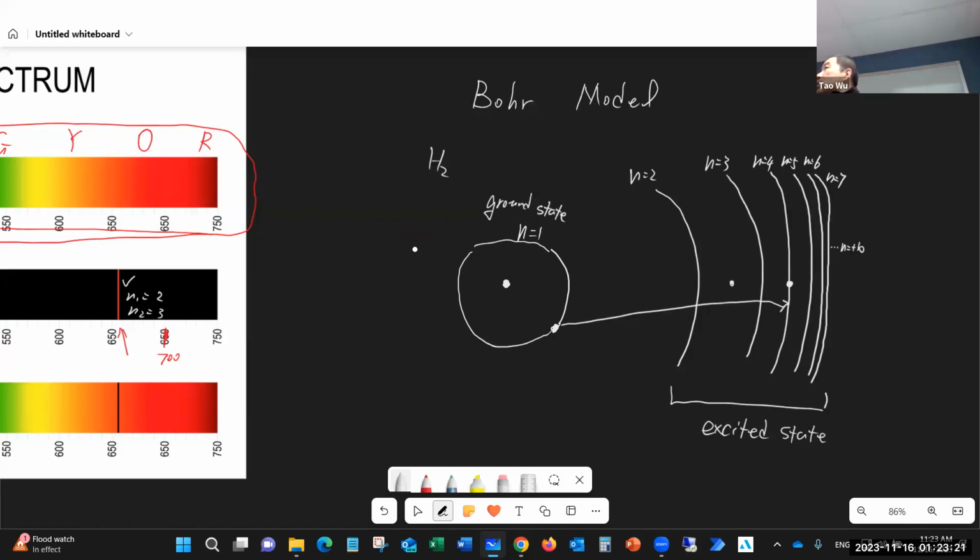That makes sense, right? Just like going up steps, you have to stand on a step. You cannot stand somewhere between two steps. The electron is doing the same thing. When they jump, they have to jump to a certain level. They cannot jump in between. There's no way for the electrons to stand in between the levels.